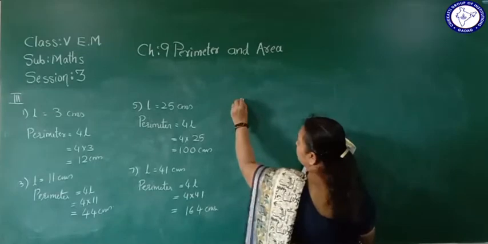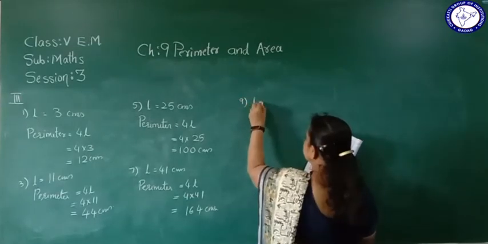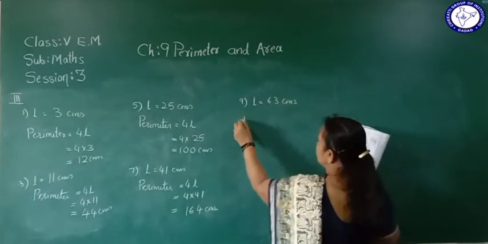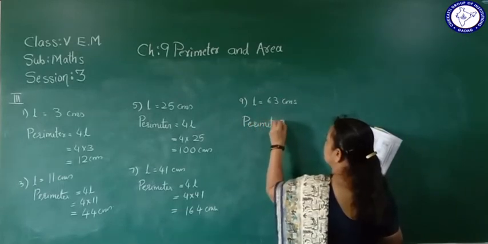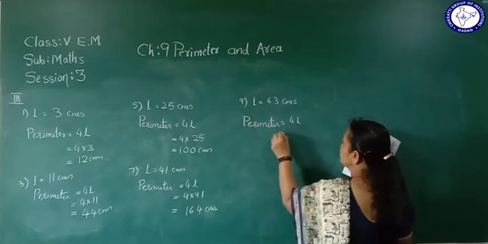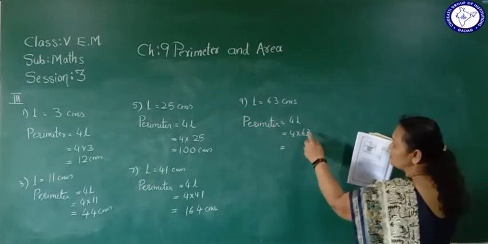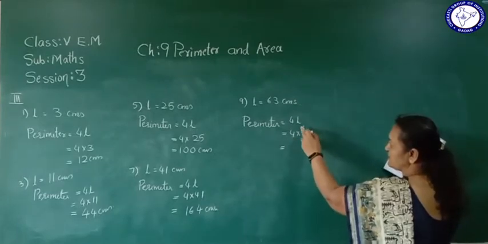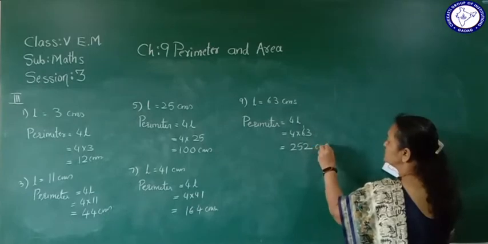Then the ninth question is, here L is 63 centimeters. So here the perimeter of a square is 4 into L, which is equal to 4 into 63. So here 4 3s are 12, carry 1, 4 6s are 24 plus 1 is 25. So it is 252 centimeters.